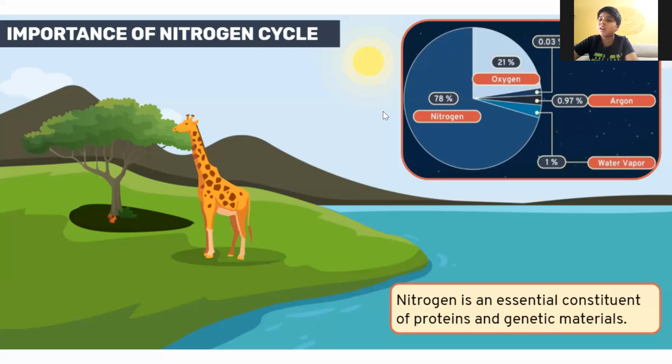The composition given is wrong. Is it wrong, Vijay? 78, 21, okay, ma'am. But it is given water vapor 1%, ma'am. Argon 0.9. I think it is 0.1% water vapor. Am I right? It is wrong only, so don't consider that.